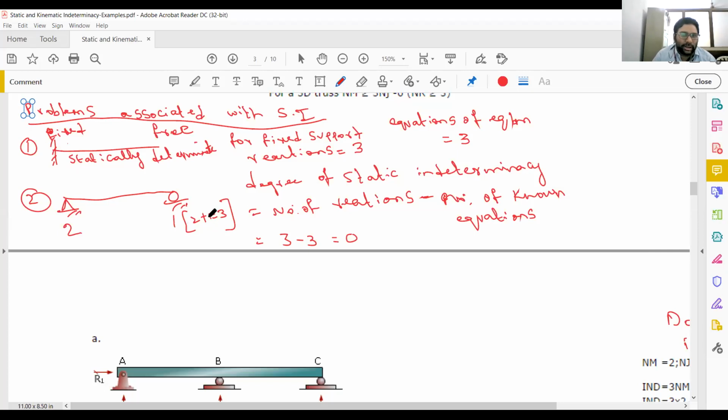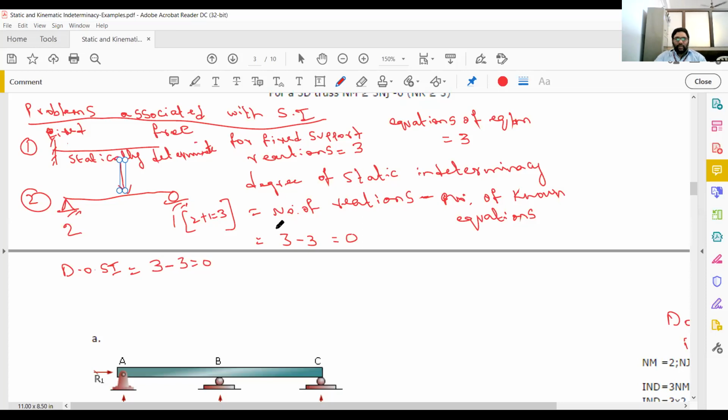Wonderful. Now degree of static indeterminacy is equal to known reactions 3 minus known equations 3, so that is equal to 0. So this is also statically determinate.